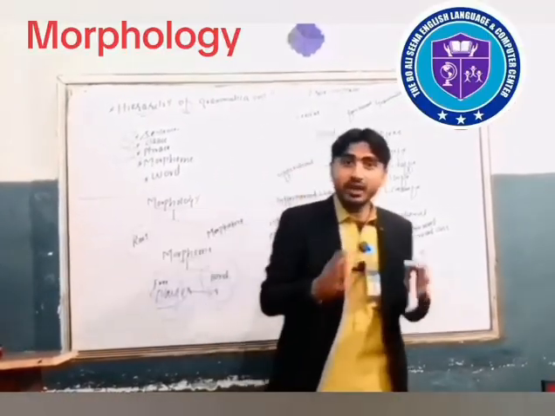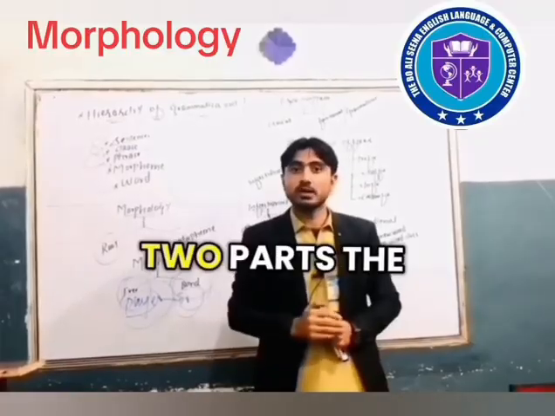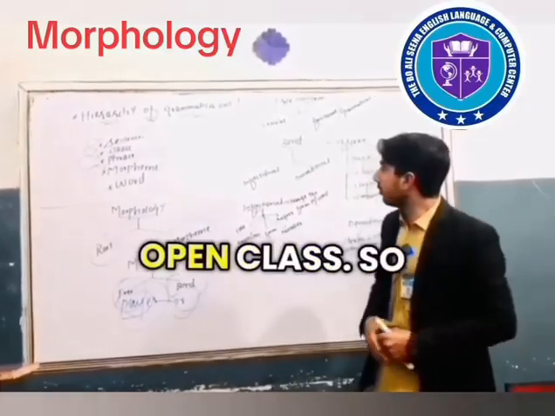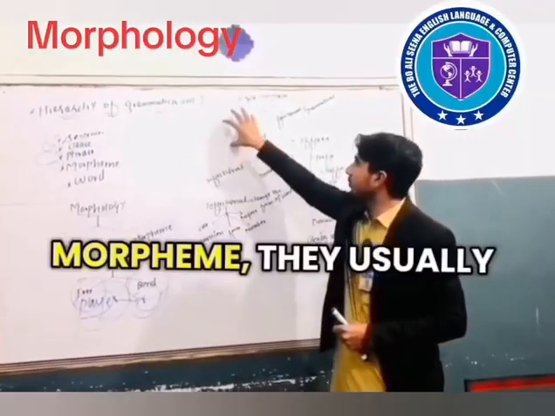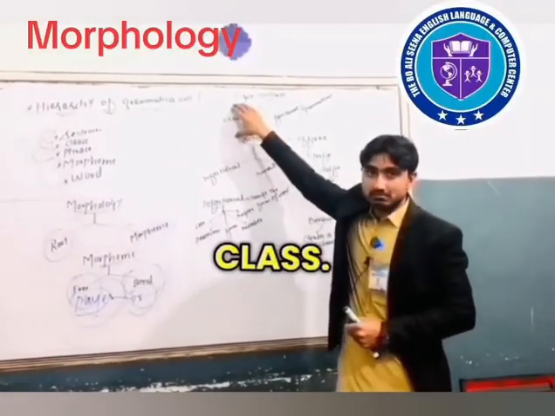Basically, we have 8 parts of speech. They divide them into two parts: the first one is closed class, and the second one is open class. So lexical morphemes are usually open class.